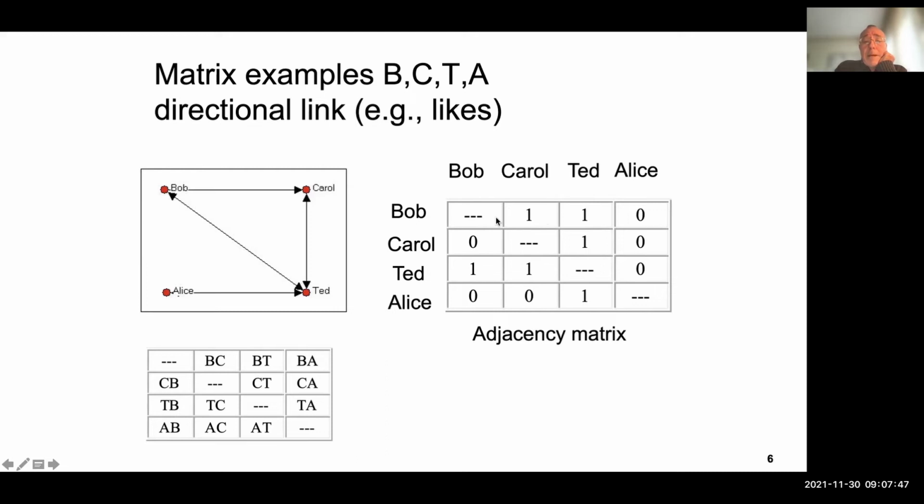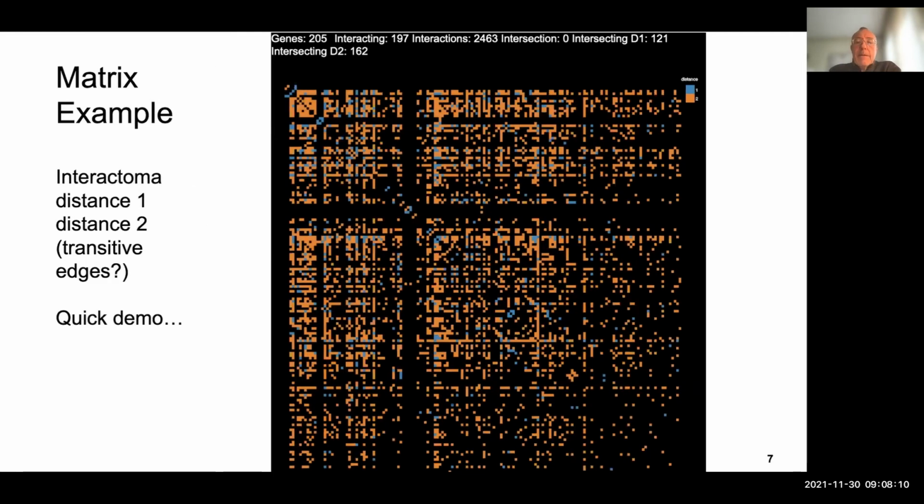But if Bob likes Carol, it doesn't mean that Carol likes Bob. In fact, it is not. So this matrix is not symmetric. It is called the adjacency matrix. And here there is the sigil, the capital letter of the name of the people, and that might be really effective. And I want to show you an example.